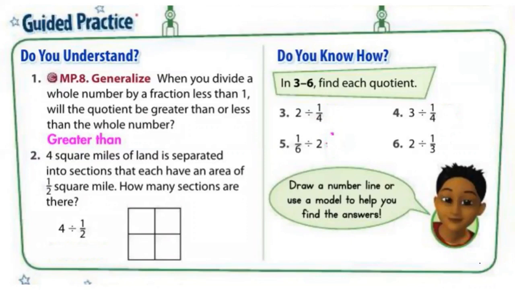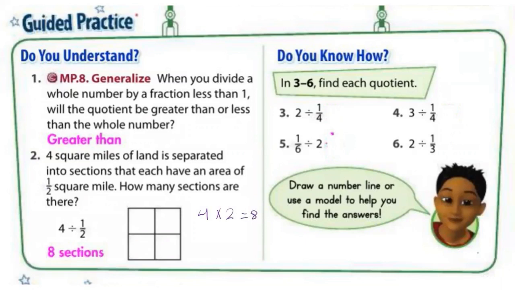How many sections are there? 4 divided by 1 half. KCF will help you here. Keep 4 as it is, and change the sign of division to multiplication. Flip the fraction, 2 over 1 equals 2. It will equal 8. So your answer here will be 8 sections.